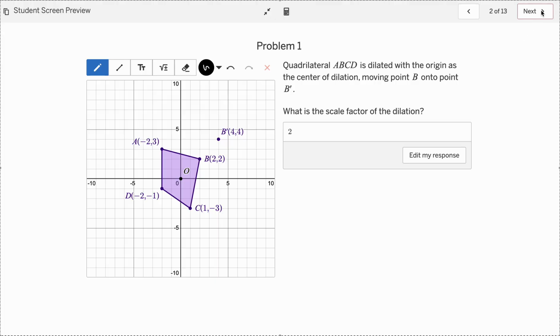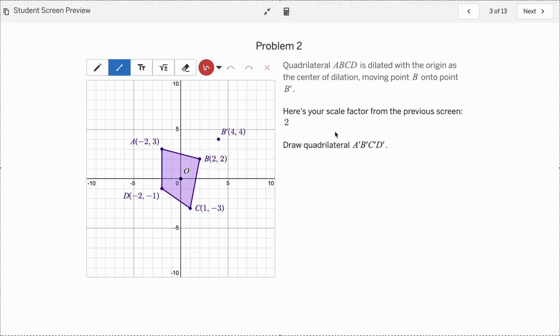So when I submit that, I go on to the next part and I say, okay, my scale factor is 2, so I have to now draw my quadrilateral. I'm going to take my points. If B prime is 4, 4, and that's going up 2 over 2 twice because my scale factor is 2, I'm going to do the same thing with A. So I go up 3 over 2, and I'm going to do that again, up 3 over 2, and put my point right there.